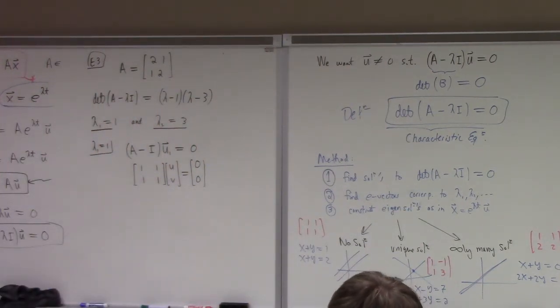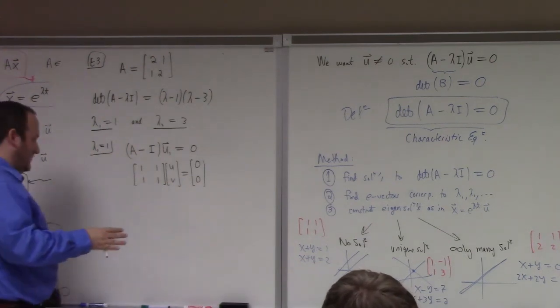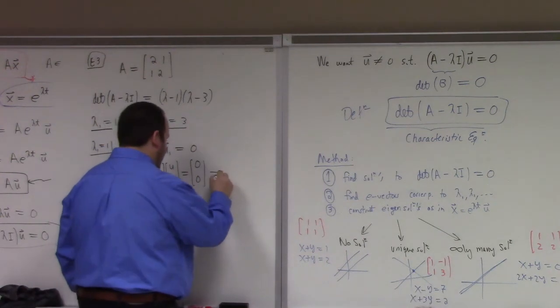Don't use X's and Y's for your eigenequations. It's a bad idea, because we use X, Y, and Z for the solutions to the differential equation. If you use X, Y, and Z for the eigenequations, bad things will happen to you. And it won't be of my doing. It'll be of your own doing, because it will confuse you. I've seen it many times.